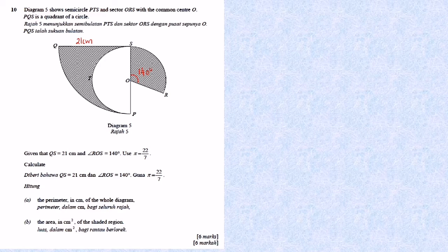As you know, the perimeter is QP plus OP plus OR plus RS and the radius QS.